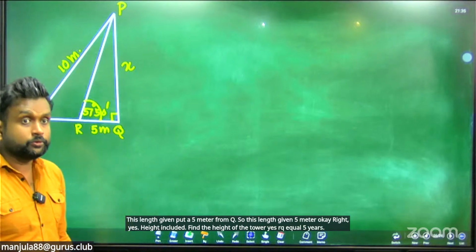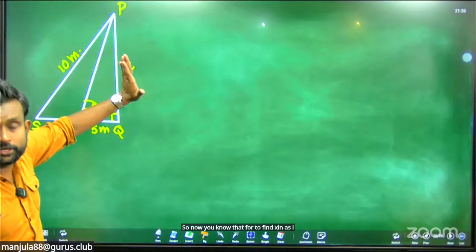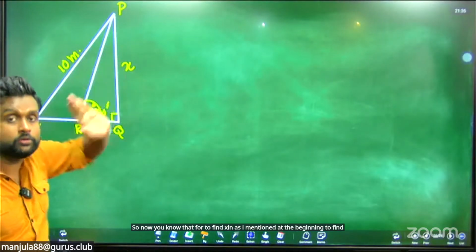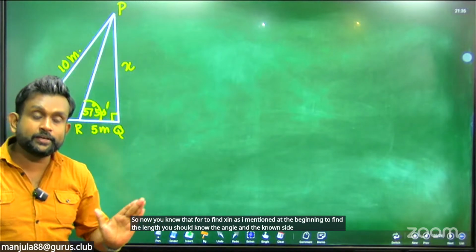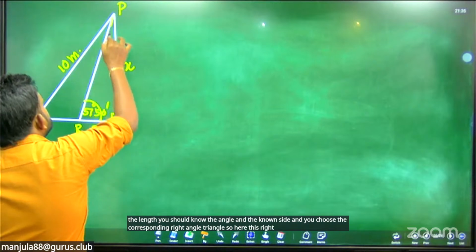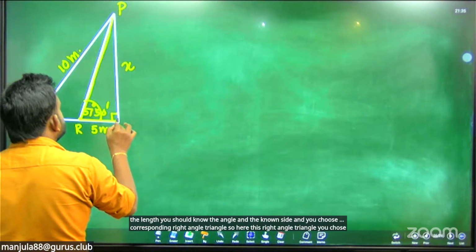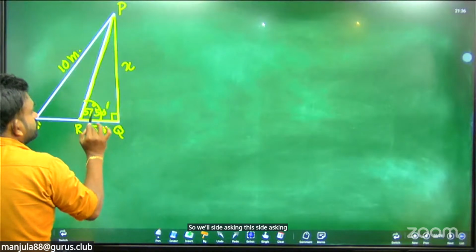So now, to find x, as I mentioned at the beginning, to find a length you should know the angle and a known side, and you choose the corresponding right angle triangle. So here, you choose this right angle triangle. Which side is asked, which is known? This is the angle.